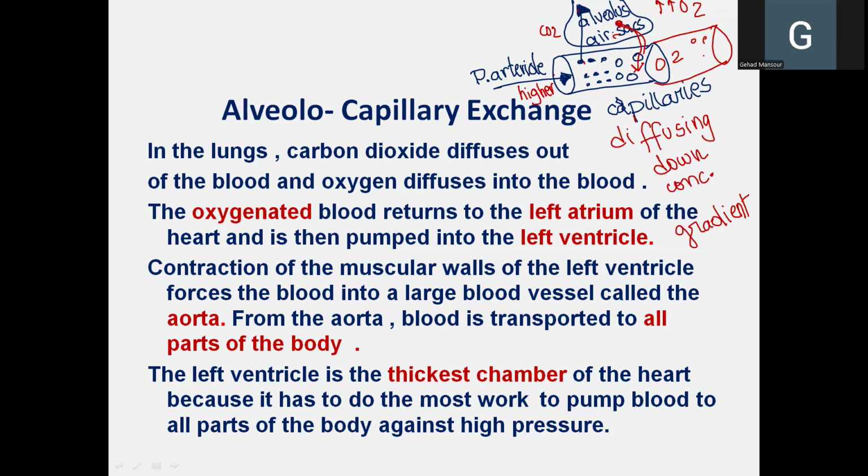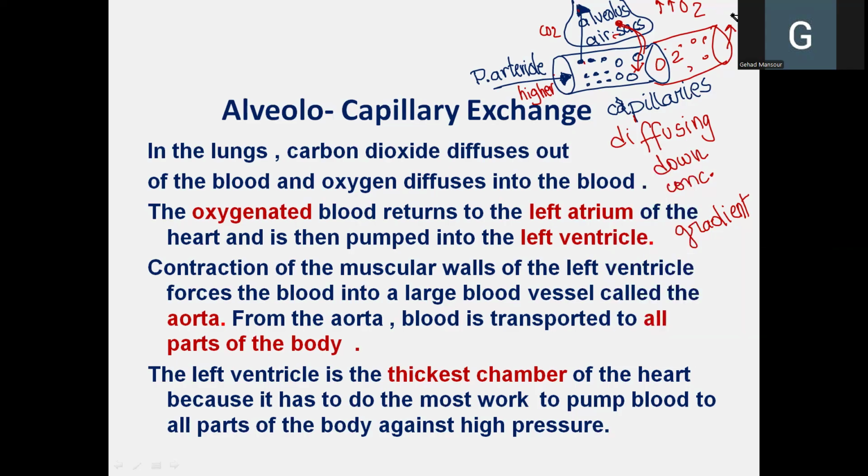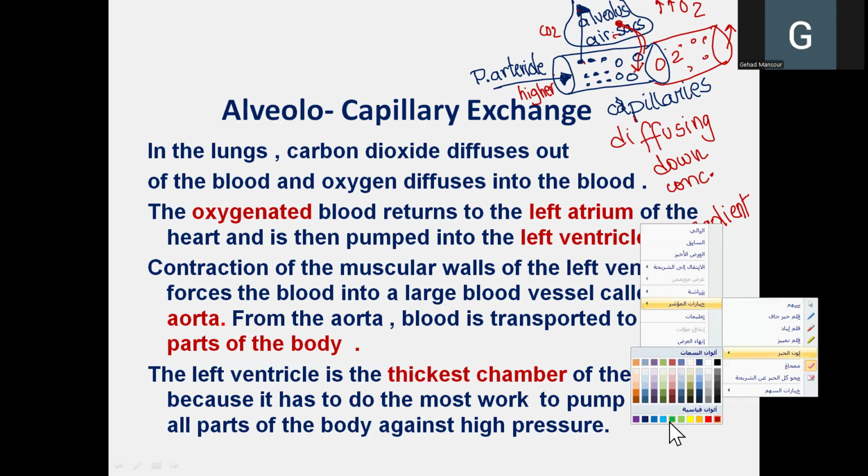So gradually, the capillary blood will be oxygenated. The capillary blood will be loaded with oxygen, and these capillaries, because they are returning from the lungs to the heart, will form venules, and the venules will collect in order to form a pulmonary vein.